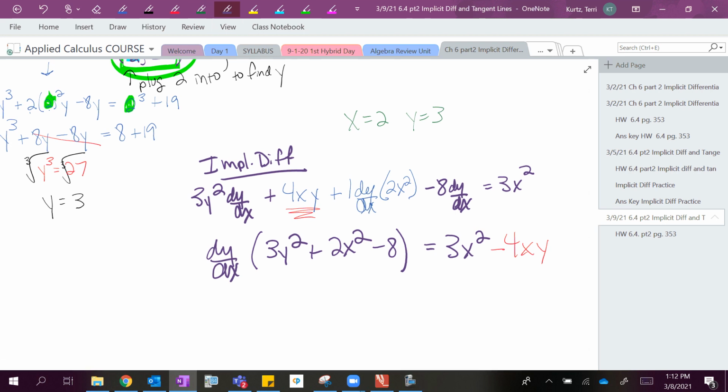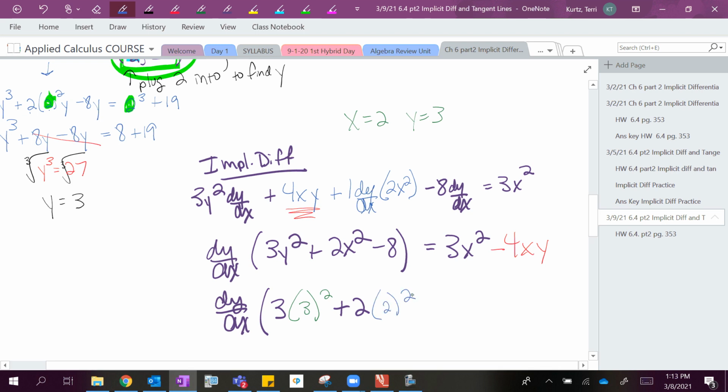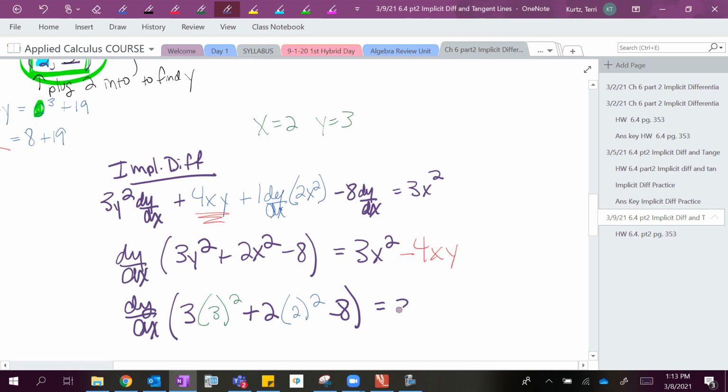So I say dy/dx times (3 times 3 squared plus 2 times 2 squared minus 8) equals 3 times 2 squared minus 4 times 2 and times 3.